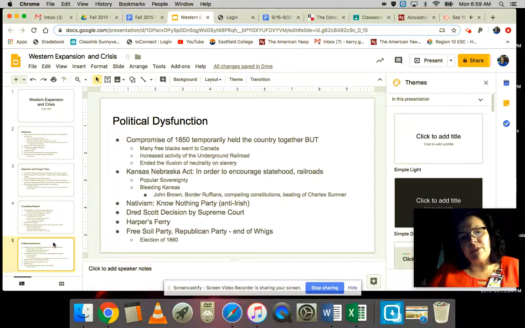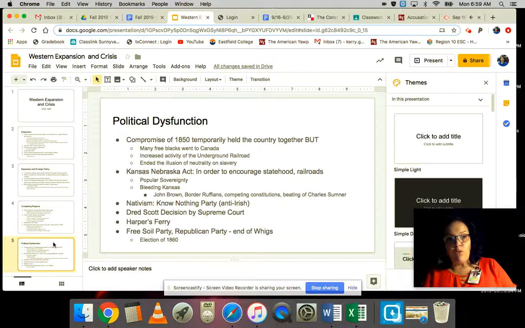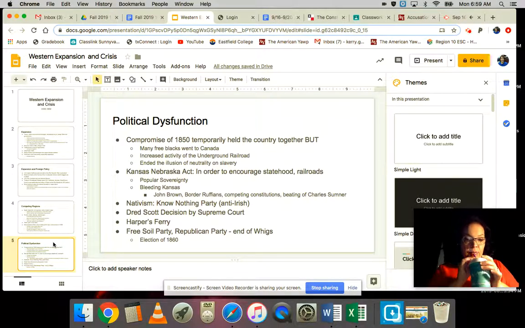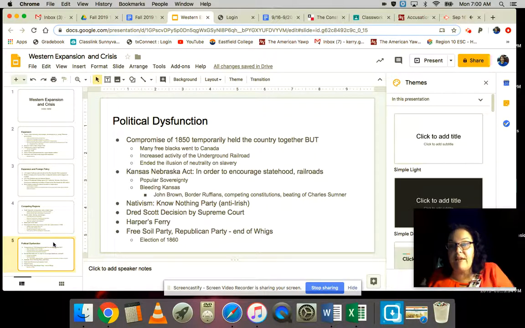And so a lot of blacks move to Canada. The Underground Railroad gets even more active than it ever was before, kind of as an act of resistance. And it makes it so that ordinary white people in the North, right, that perhaps didn't have slaves, didn't really think about slaves, didn't really like the concept of slavery, suddenly are forced to confront slavery, because if they knew about somebody that was a runaway slave, they were supposed to report it or they faced a fine.